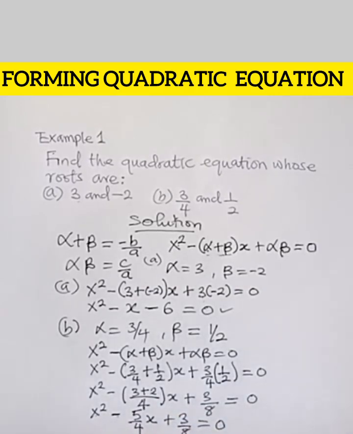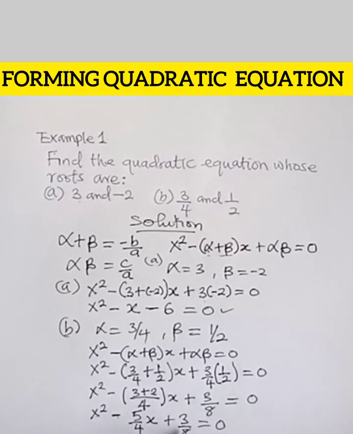Now we can't stop here. We need to clear the fraction, the denominator. If you look at the denominators, the larger value is 8 and the smaller value can go into 8. That means the LCM will be 8. So we're going to multiply through by the LCM, multiply each term by 8.